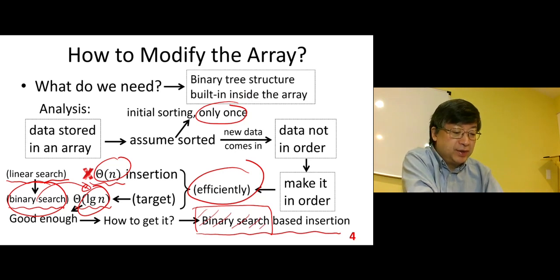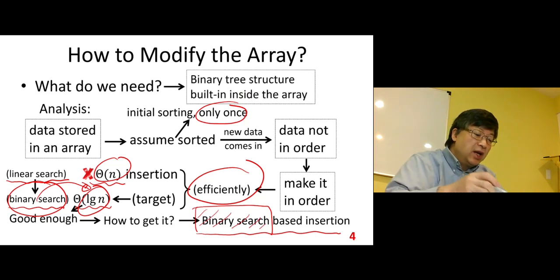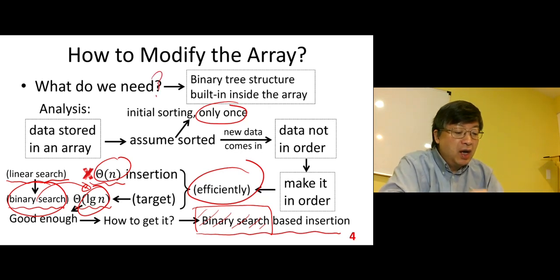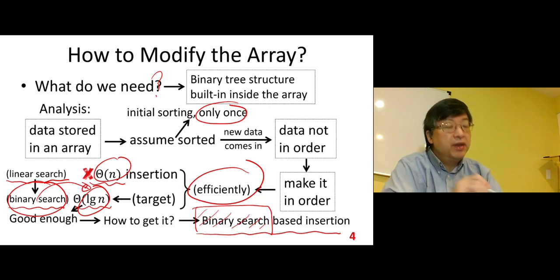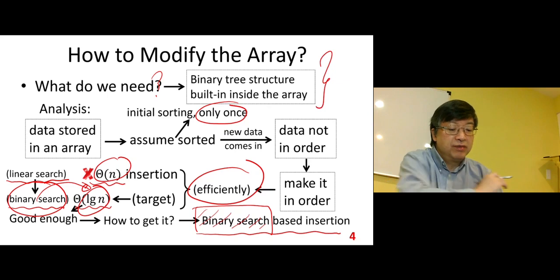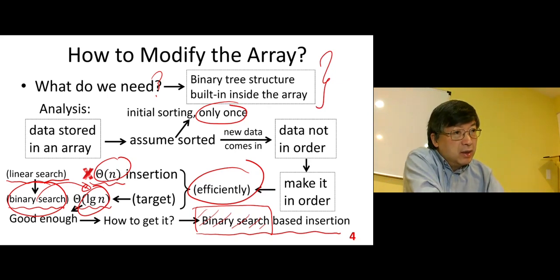Going back to the original question, we need a binary tree structure built inside the array. How can that be possible?